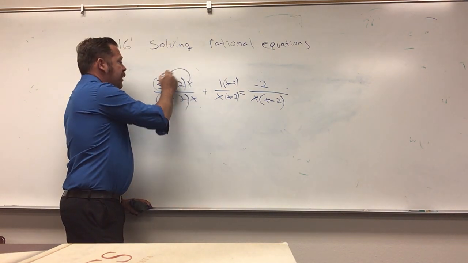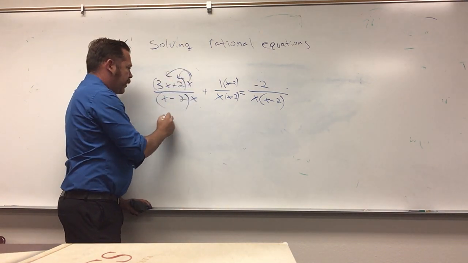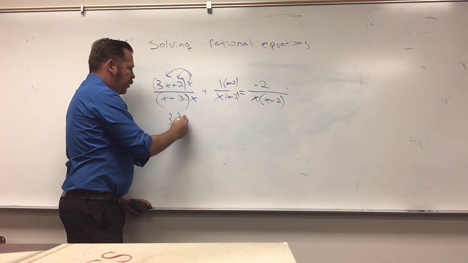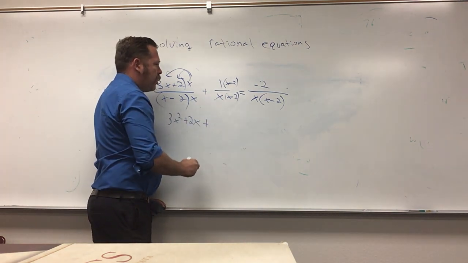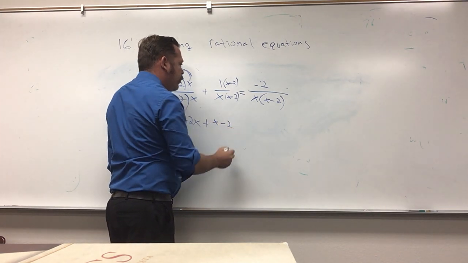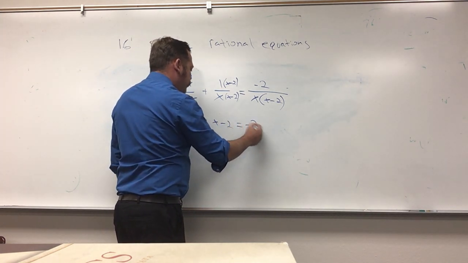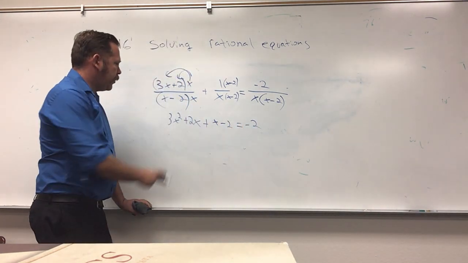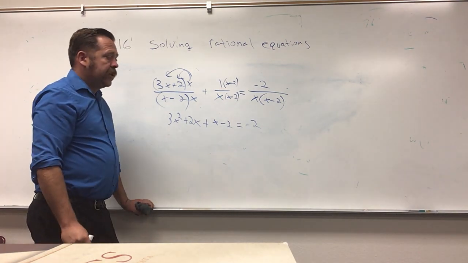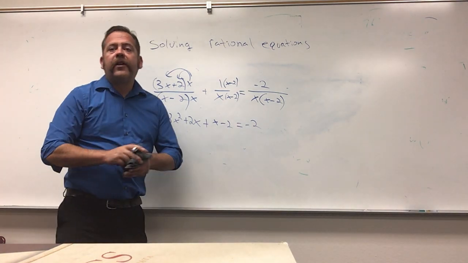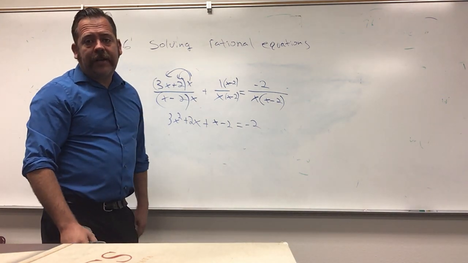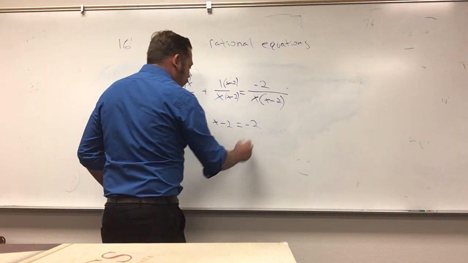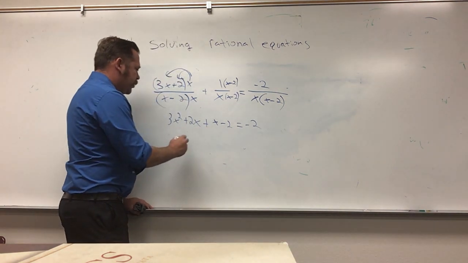So I'm going to distribute this x to here and to here, and I would get 3x squared plus 2x plus, if I distribute the 1, I get x minus 2 equals negative 2. Okay, look, this is going to be a quadratic equation, and if you remember from the last unit, quadratic equations, we need to have 0 on one side. So let's add, well, I guess we could combine these like terms first.